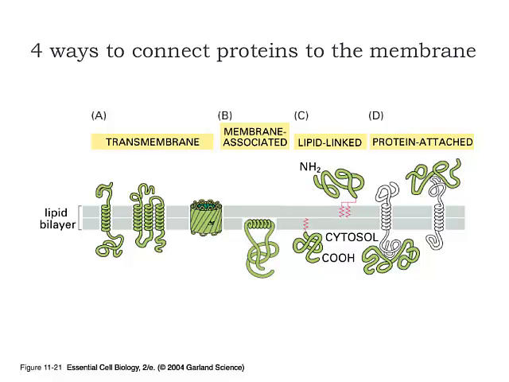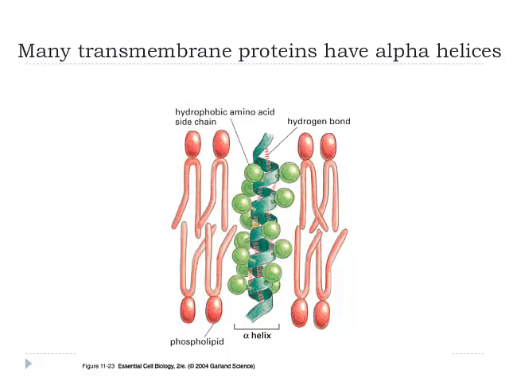So we're going to talk in more detail about transmembrane proteins that have an important function of moving those solutes that are not able to readily diffuse through the membrane in or out of the cell. And that's covered in Chapter 12. So let's look at the structure in a little more detail.